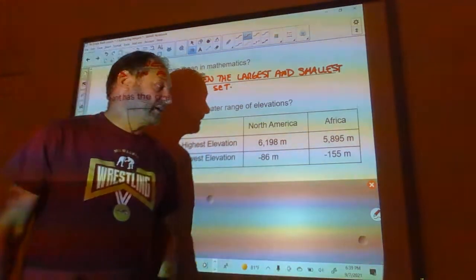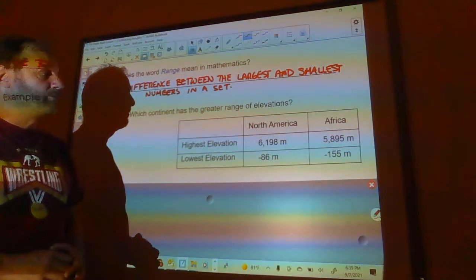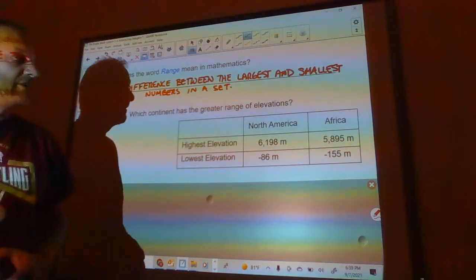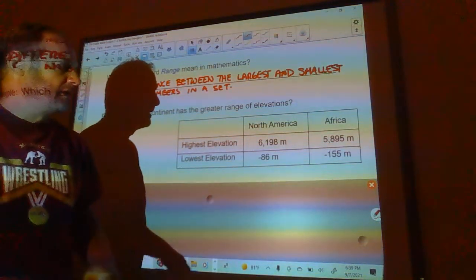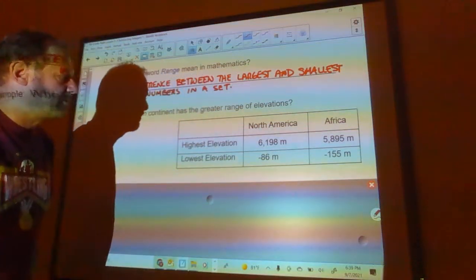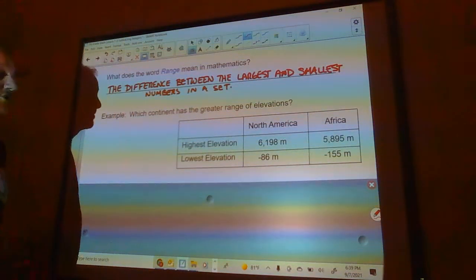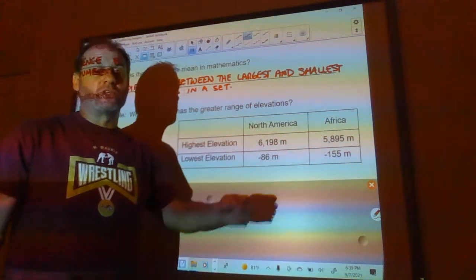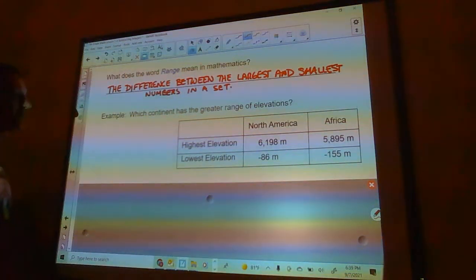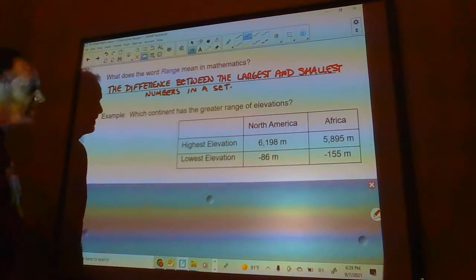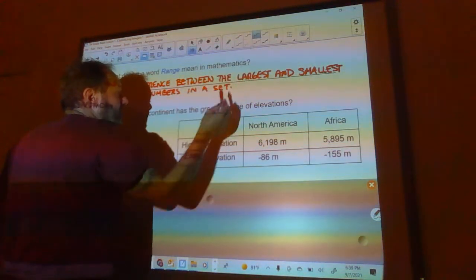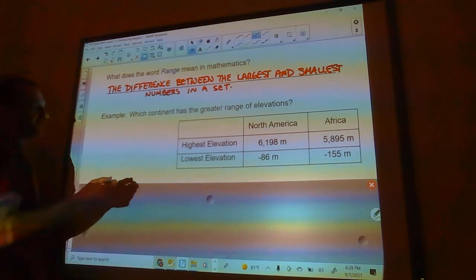Over here, Africa, the highest point I believe is Mount Kilimanjaro, which is 5,895 meters. I'm not sure where the lowest one is, but we want to know which one has the greatest range. We know North America has the highest mountain, Africa has the lowest place. But which was the bigger range? We're going to subtract them because we want the difference.